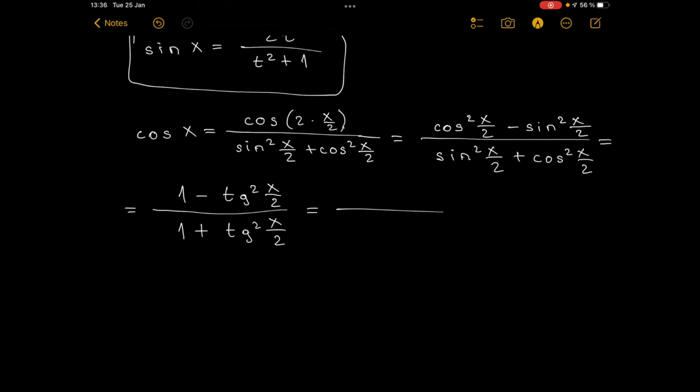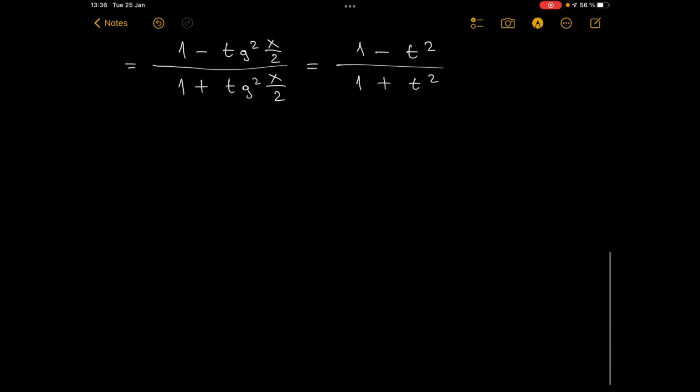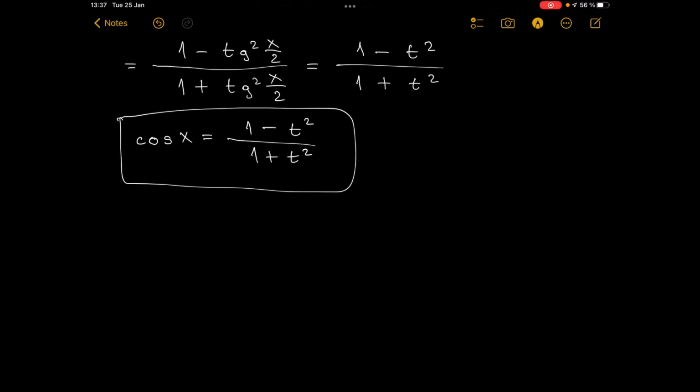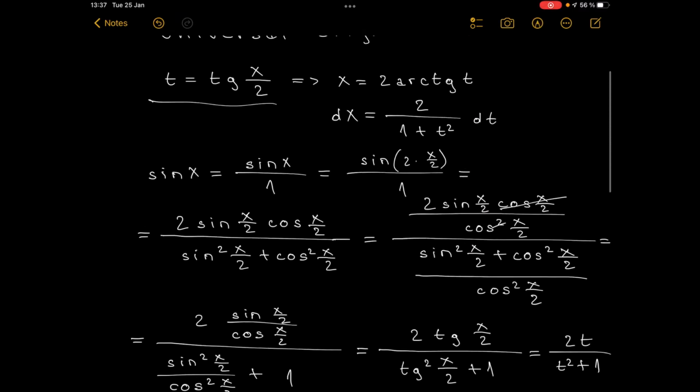Or when we remember that tangent of x over 2 is simply t, we'll get 1 minus t squared over 1 plus t squared. So in conclusion, the cosine of x can be rewritten as 1 minus t squared over 1 plus t squared, of course, when using this substitution.